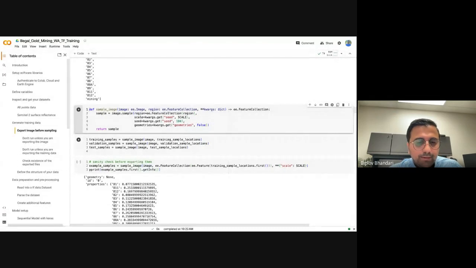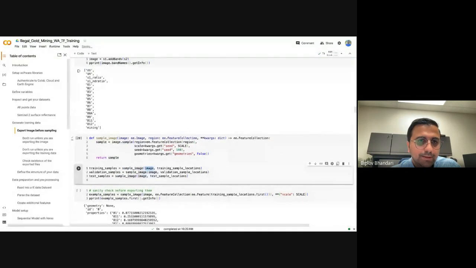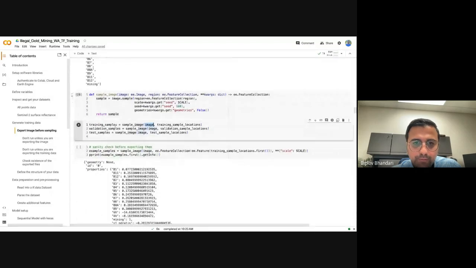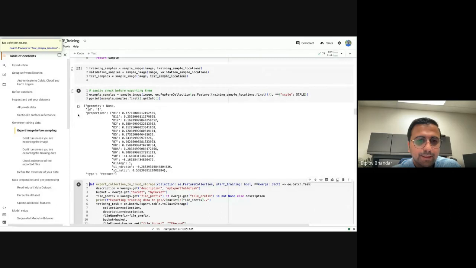In this function, it's just sampling an image based on that feature collection at a certain scale. Here is where that function is actually called using our image data, the final data that we produced above. Using our training sample location, validation sample location, and test sample location, we are producing training, validation, and test points. I'm just doing a sanity check to make sure everything is correct before exporting it.